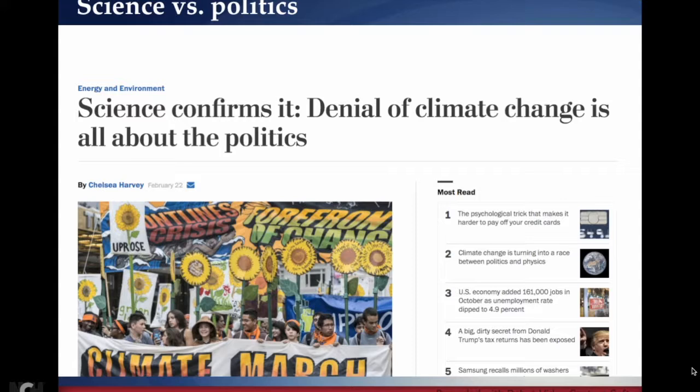There's still debate about whether humans are causing climate change, but the scientific community has by and large confirmed that increasing carbon dioxide levels in the atmosphere, which has been a result of human intervention into the natural environment, has resulted in increased temperatures.